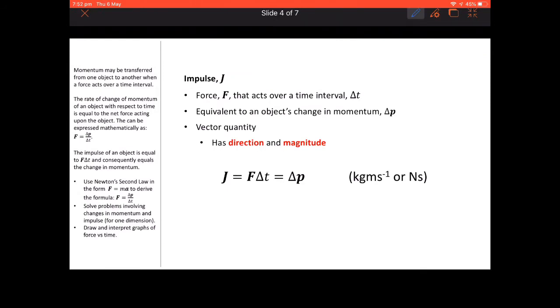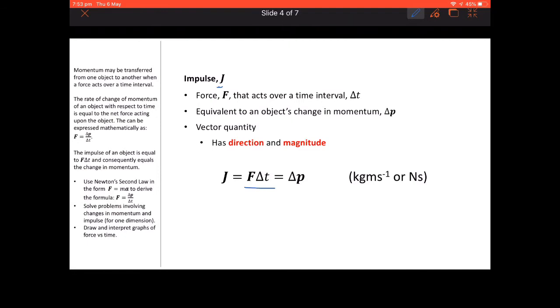So next what we'll look at is impulse, and this is represented by the symbol J for some reason. I'm not sure why I isn't used, but we'll just have to go with it. Impulse is force that acts over a time interval. So it's equivalent to the product of force by the change in time.